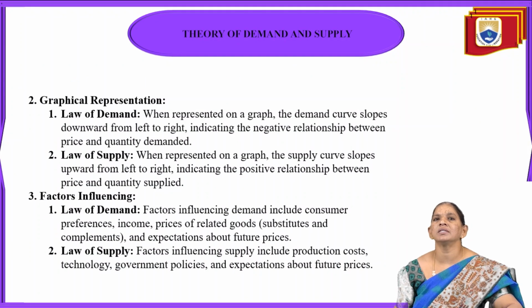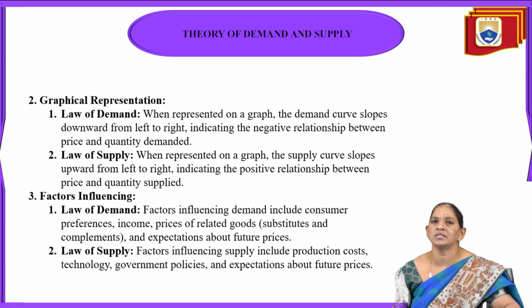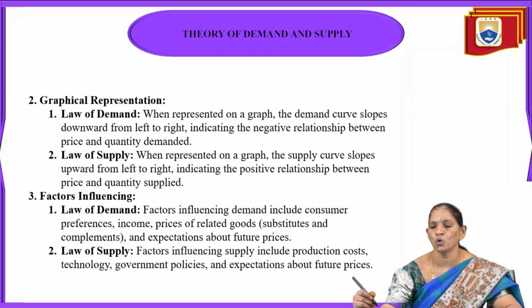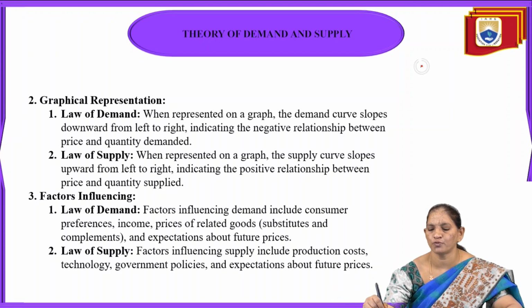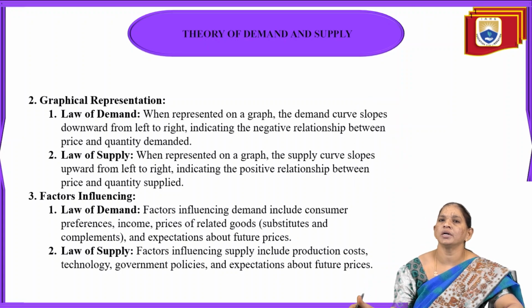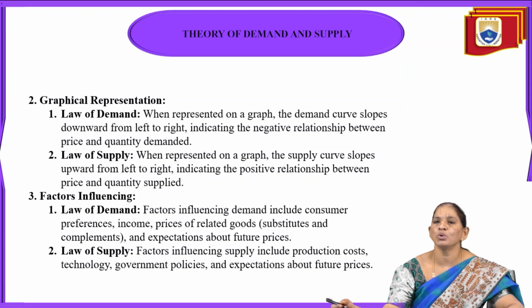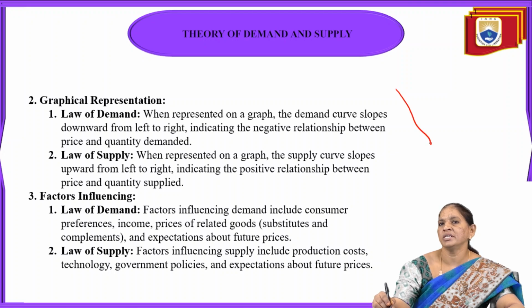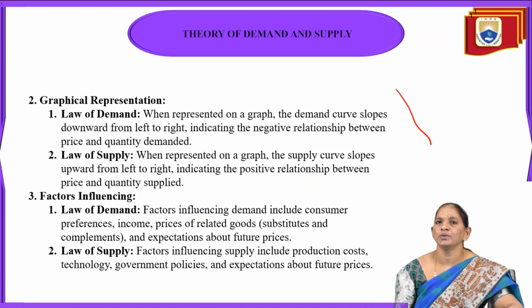Now, coming to the graphical representation of the law of demand and supply. In the law of demand, graphically the demand curve slopes from left to right, a negative slope, from top to down, which shows an inverse relationship.